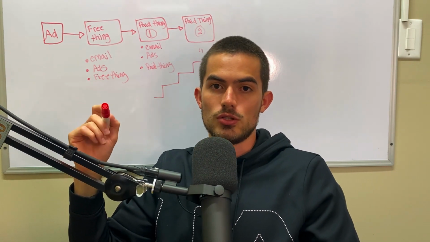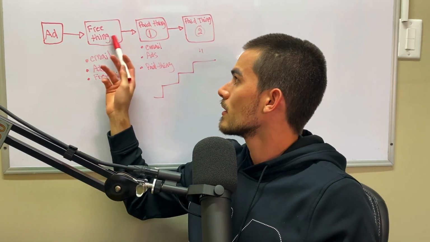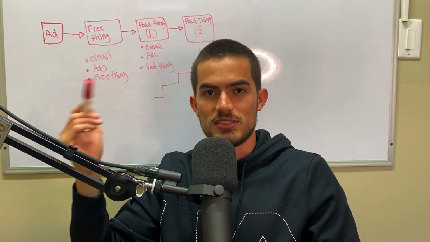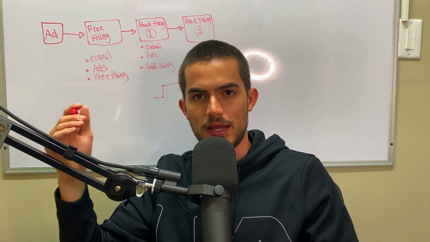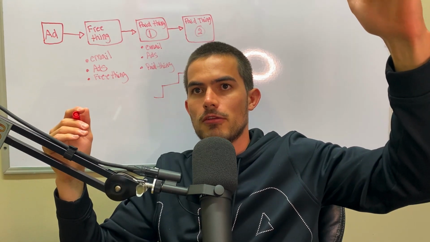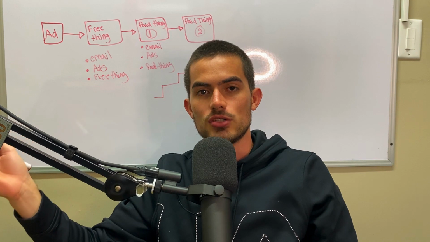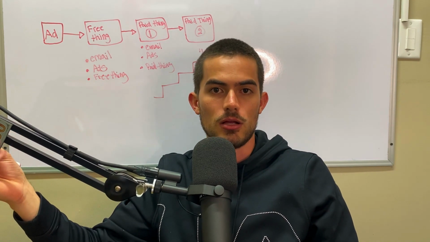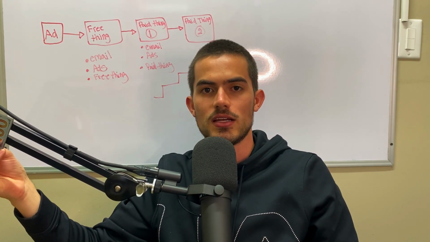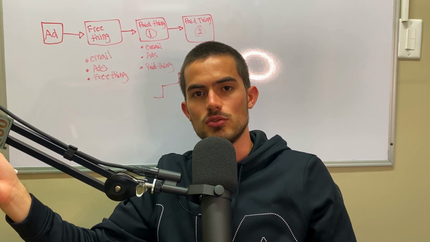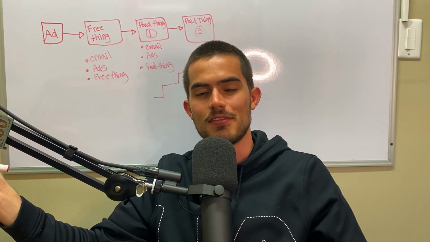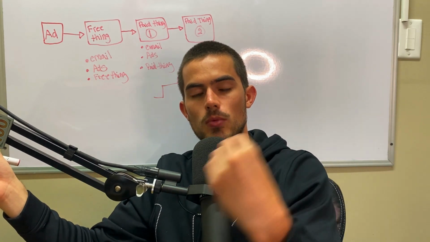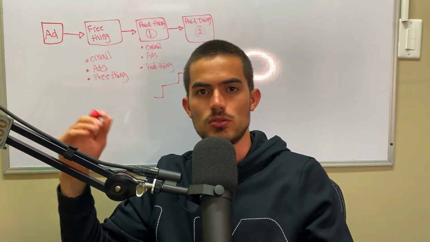So pretty much what I do is on the free thing, I actually present the paid thing. So for instance, if you are giving out a free training, it's a 5-lesson training. In lesson number 5, you could introduce your paid thing. So you tell people, hey, if you enjoyed the past 4 lessons, I want to present this other program, this service that I have that will allow you to get results much faster, will help you do this, do that.